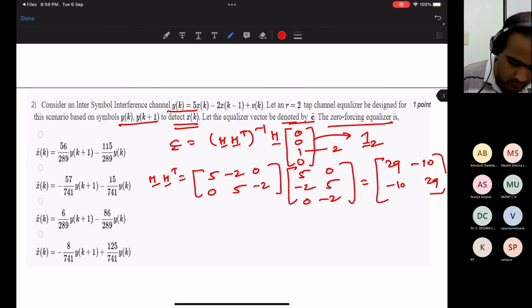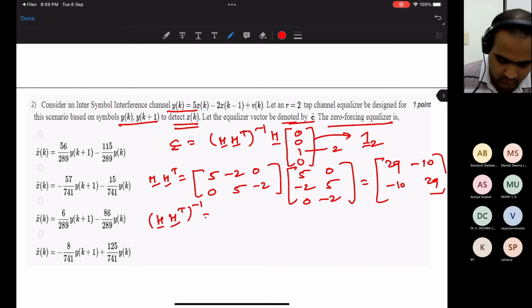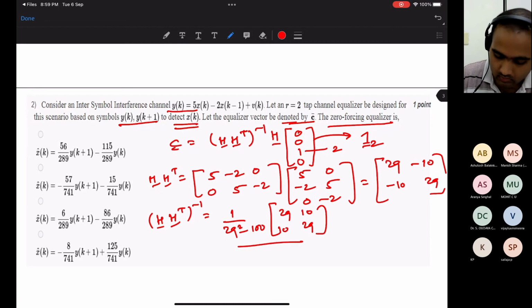Now we want the inverse of this matrix. So the inverse will be 1 by 29 square minus 100, times 29, 10, 10, 29.